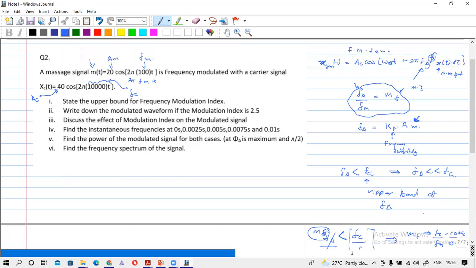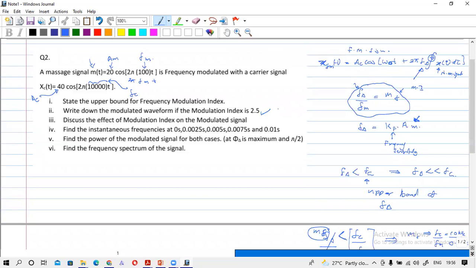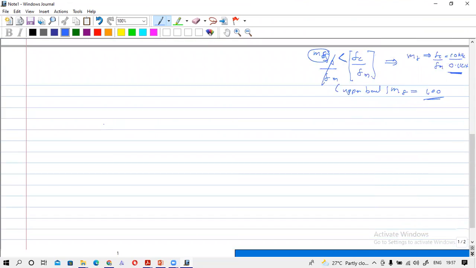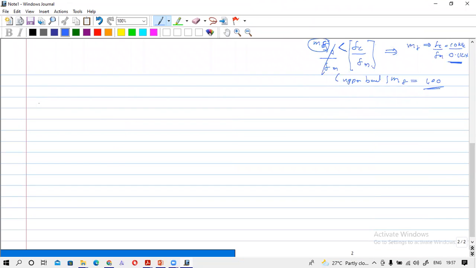And so we can write the modulation waveform also. So we have our message signal xt, that is like this, AM cos 25 FMT.